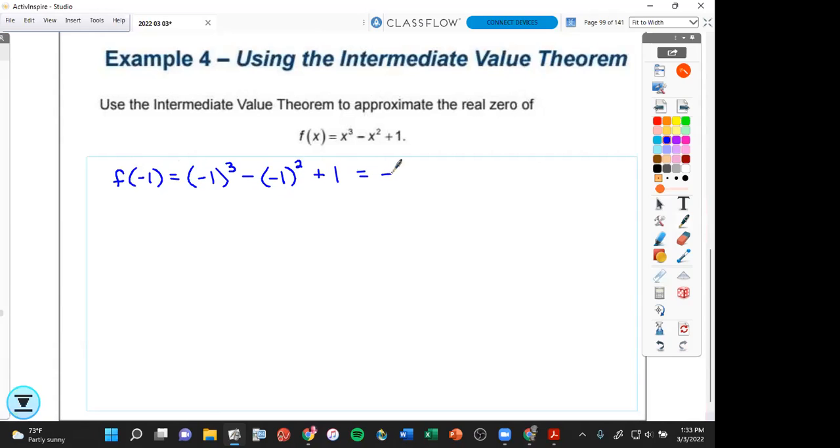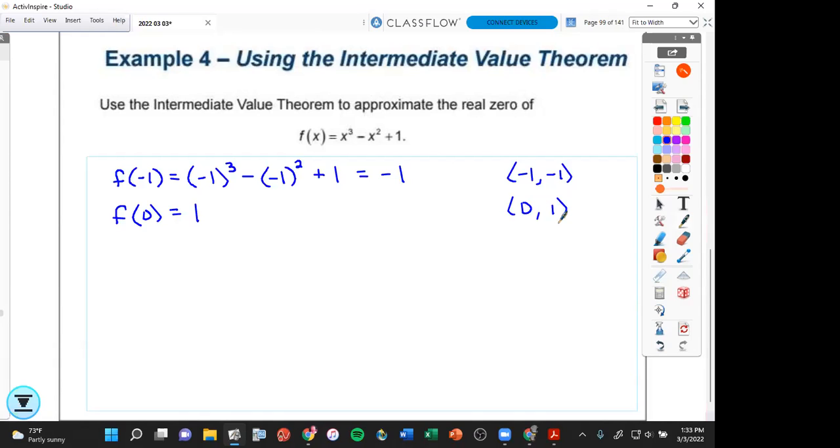So if I plug in -1, that tells me the point -1, -1 is on the graph, correct? If I plug in 0, all you have to do is ignore all the terms that have variables in them, right? And I'm left with 1. So the point 0, 1 is on the graph.